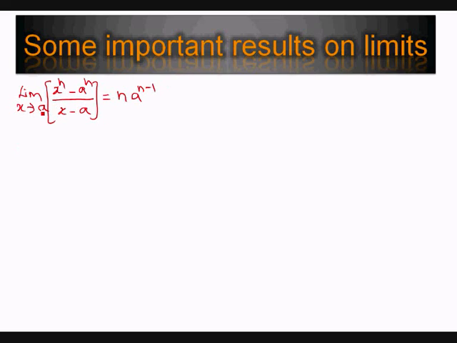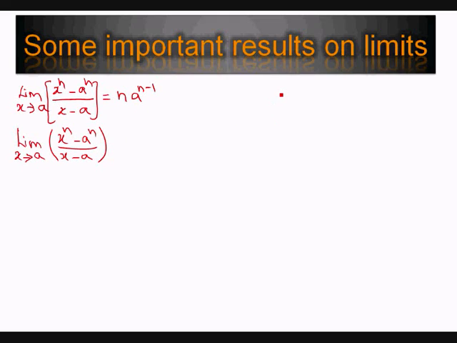If you just substitute the value of a in this, you'll get something like 0 over 0, which is undefined. Therefore, we need to simplify this and get the result. We are not supposed to get 0 over 0 or infinity over infinity as the answer for limits. In those cases, we use some methods and simplify them in order to get a finite number as the result.